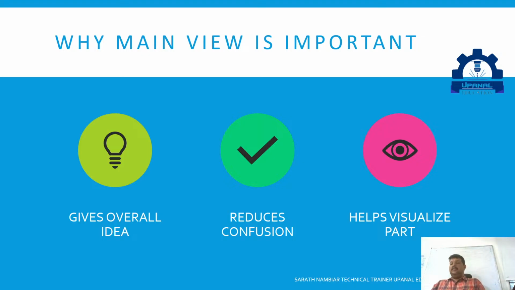Is it long? Is it flat? Is it stepped? Once this basic idea is clear, other views will only add extra details. So instead of confusion, you will feel clarity. That's why professionals also start from the main view. They don't try to be fast, they try to be clear.